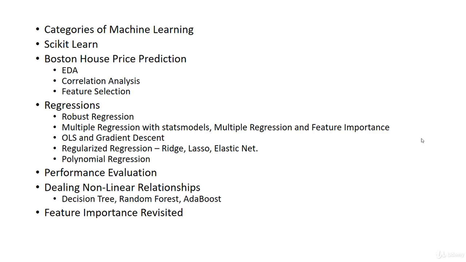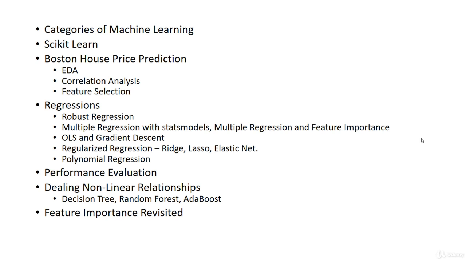Now, the various types of regression machine learning algorithms that we will actually go through will be robust regression to pick out the outliers and also figure out what the inliers are. Multiple regression using the stats modules. This is a gentle introduction for those who come from a statistics background. We're going to cover multiple regression as well as picking out the most important features.